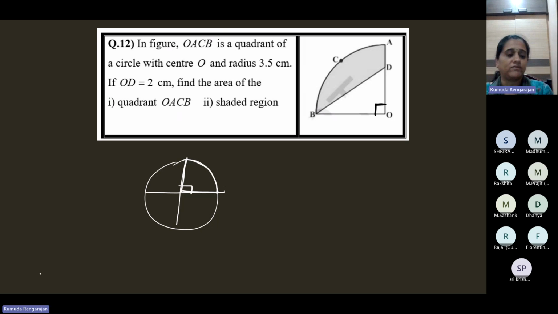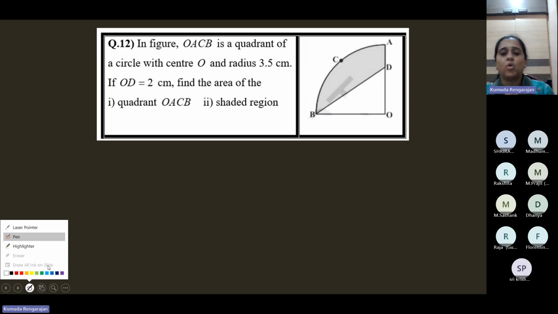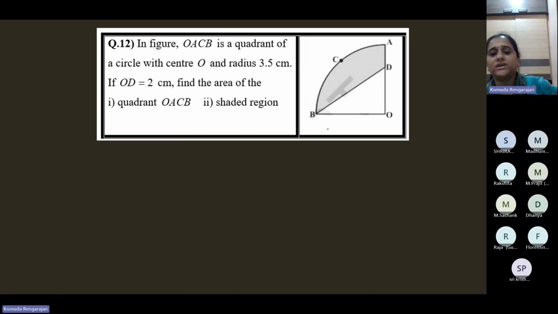Radius is 3.5. Children, tell me which is the radius? Is OD the radius? Yes, ma'am. No, ma'am. OA is the radius, because this is the arc.